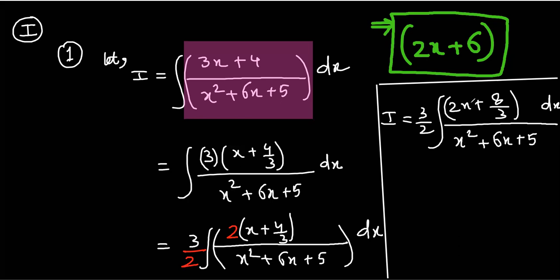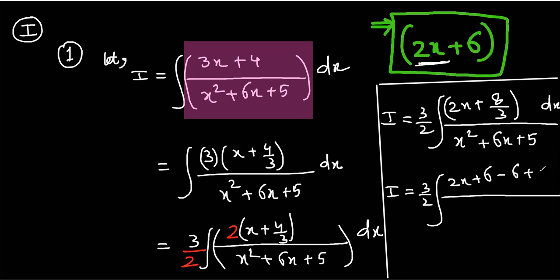So I got 2x. I'm working for 2x plus 6. Now I will add 6 and subtract 6. So I equals 3 by 2, and here I have 2x plus 6 minus 6 plus 8 over 3 dx, and here I have x square plus 6x plus 5.